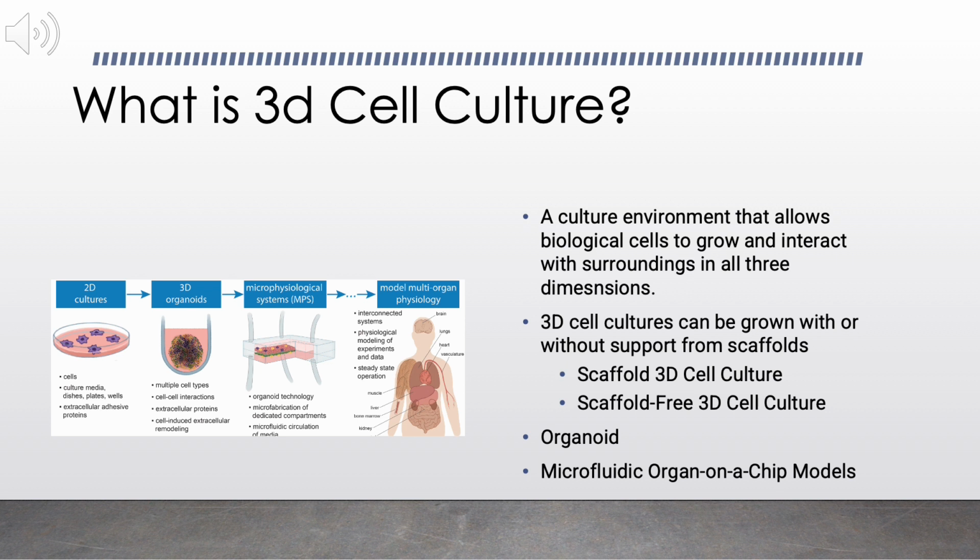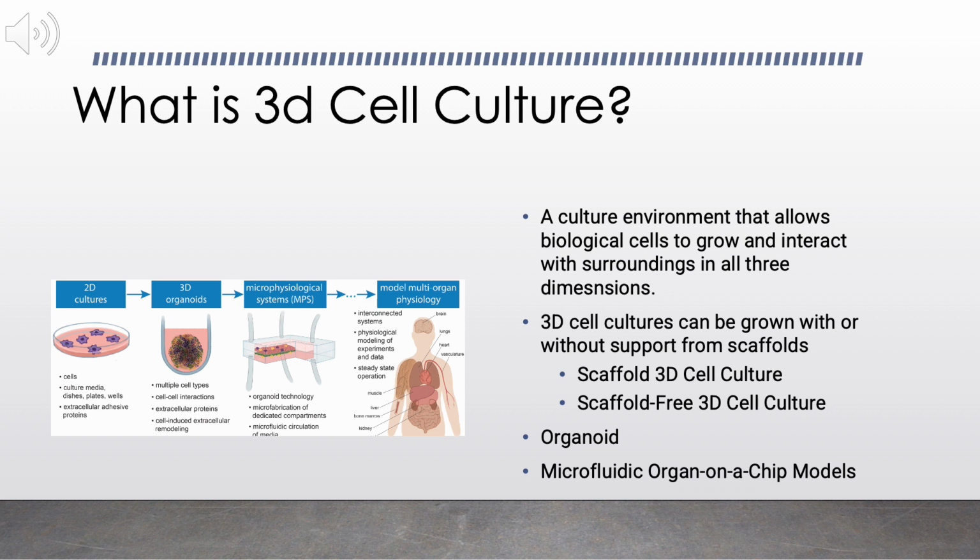All 3D cell cultures can be grown with either a supporting scaffold or no supporting scaffold. And we will discuss the two as well as others. When 3D cell cultures are cultured within a supporting scaffold and allowed to grow in all directions, it is considered to be a scaffold 3D cell culture. The most common of the scaffold 3D cell cultures are hydrogels and inert matrices.